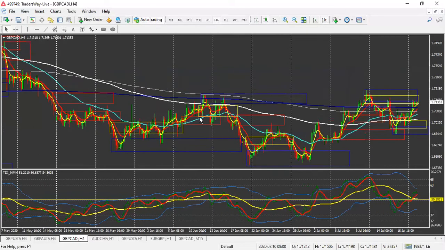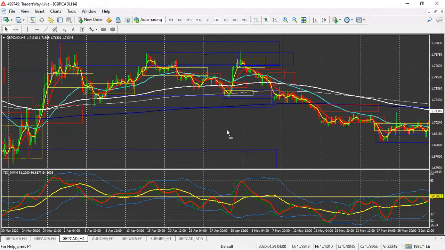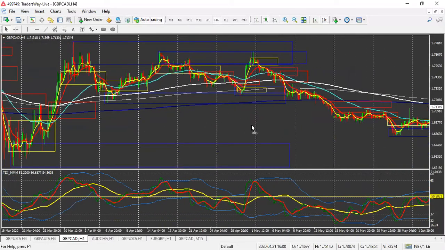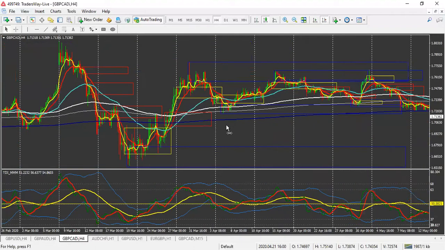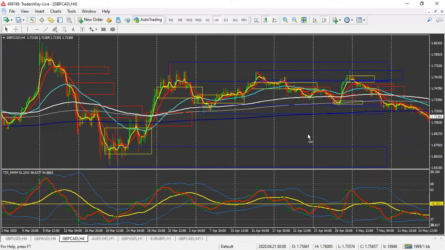All right. So going all the way back, these sources on your higher time frames are like support and resistance, like supply and demand zones. You get what I'm saying? So you see how you got a source right here, you got a source right here, and price travels from source to source.